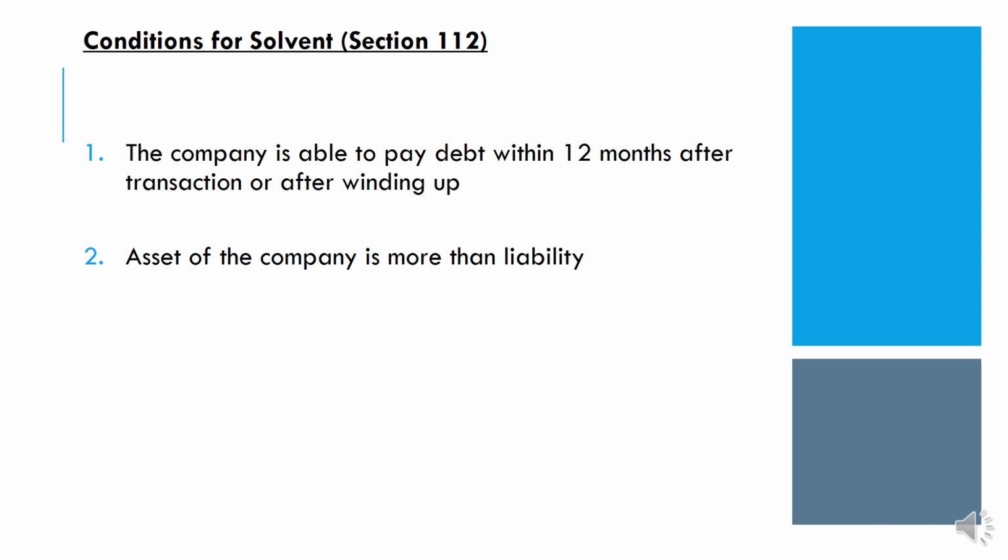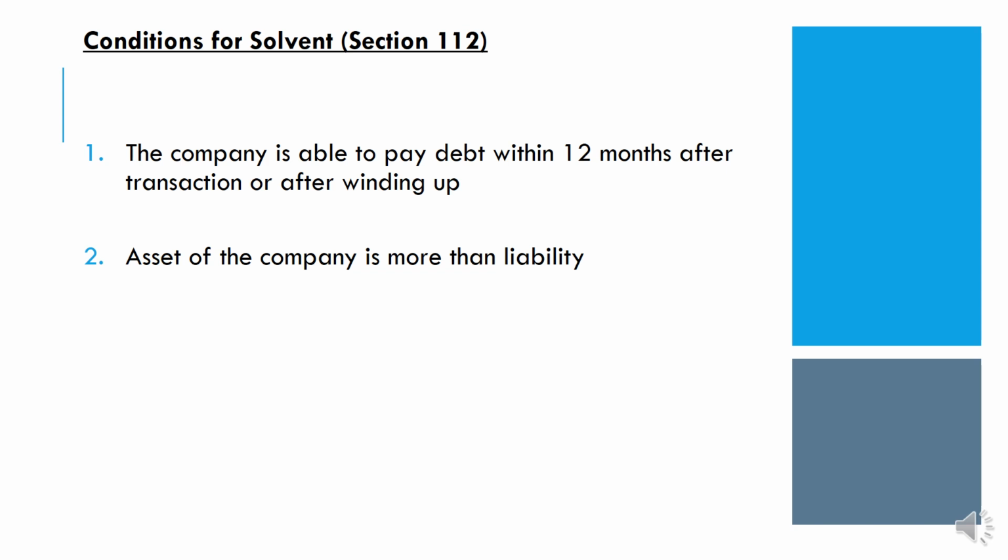What kind of transaction are we talking about? All the 4 transactions, any of the transactions. The 4 transactions we mentioned earlier, like financial assistance. Those are the transactions we are referring to. And condition for solvency number 2 is that the asset of the company is more than the liability of the company.